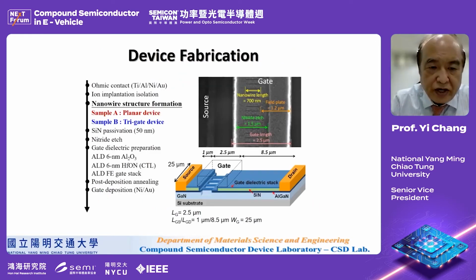This is the cross section of this device and also the top view, and we can see that the gate dielectric includes aluminum oxide and hafnium oxynitride, and then a ferroelectric gate on top of it.